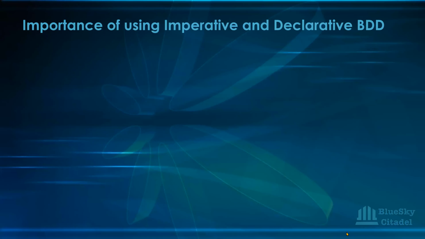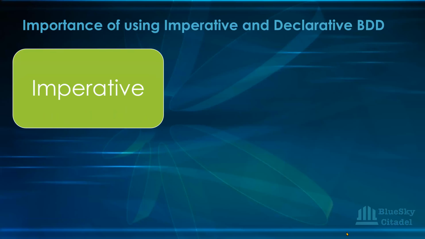Next, we'll be looking at the importance of using the imperative and the declarative Gherkin in BDD. Declarative and imperative Gherkin are both languages used, and each of them has its own importance, depending on where we're looking at it.